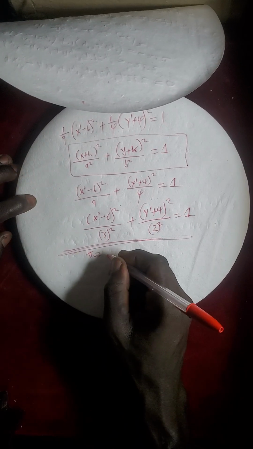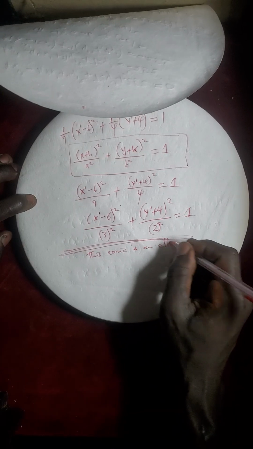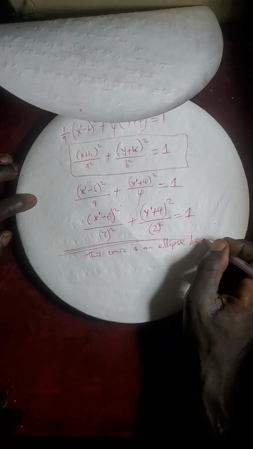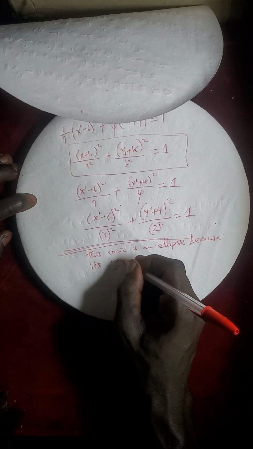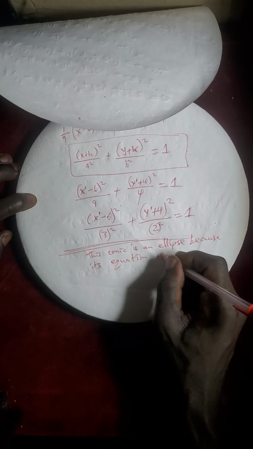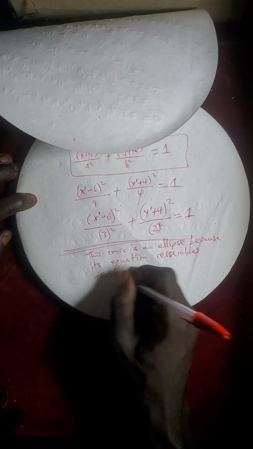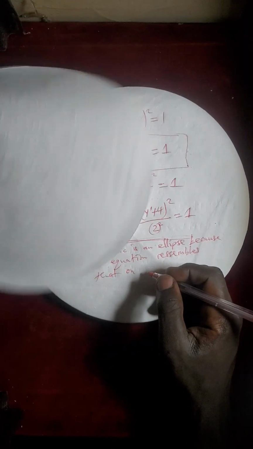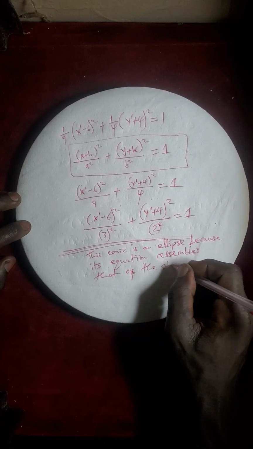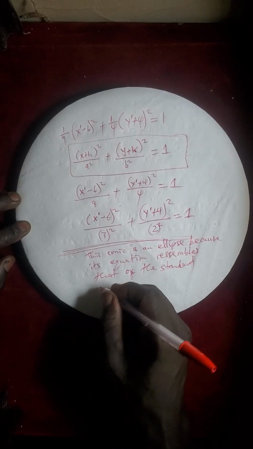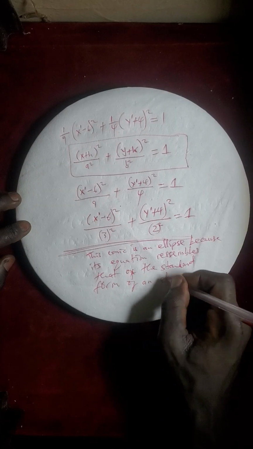This conic is an ellipse because its equation resembles that of the standard form of an ellipse.